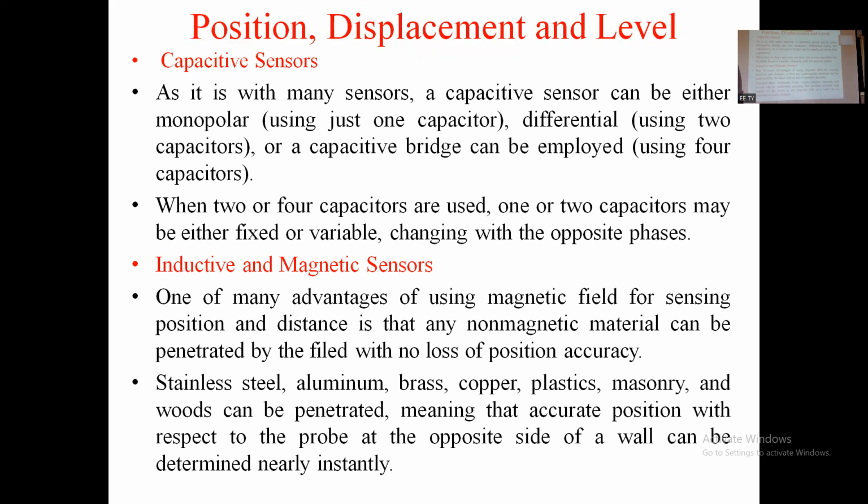After that, again the inductive and magnetic type of sensor is also used for measurement of position and displacement. The advantage of a magnetic field in sensing position as well as distance is that many non-magnetic materials can be penetrated by the field with no loss of position accuracy.